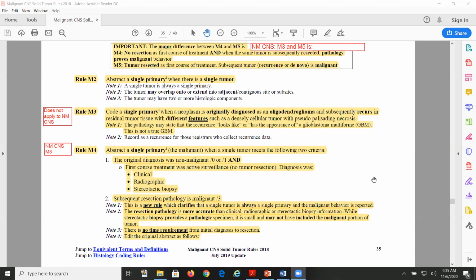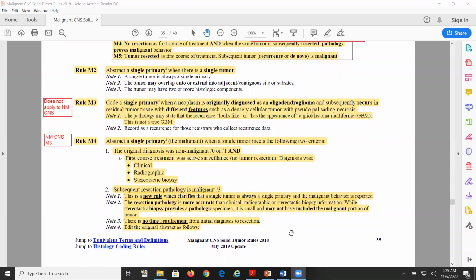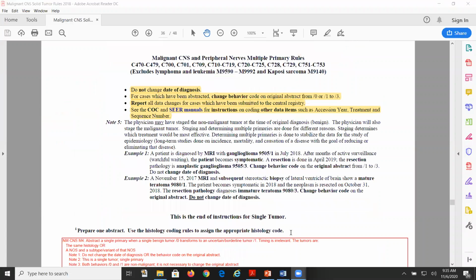There is no time requirement from initial diagnosis to resection. So if you have already abstracted this case as a non-malignant tumor, you would keep the diagnosis date the same, but you would update your behavior to 3, as well as notifying the central registry of the changes.